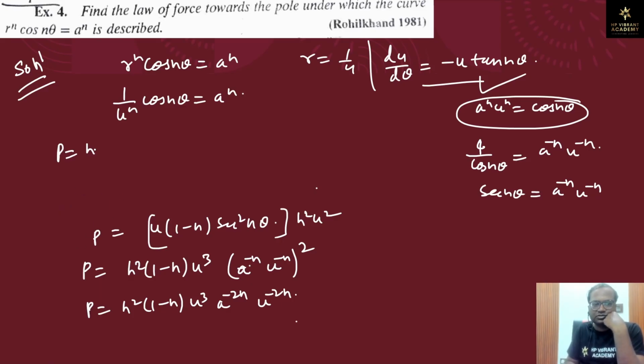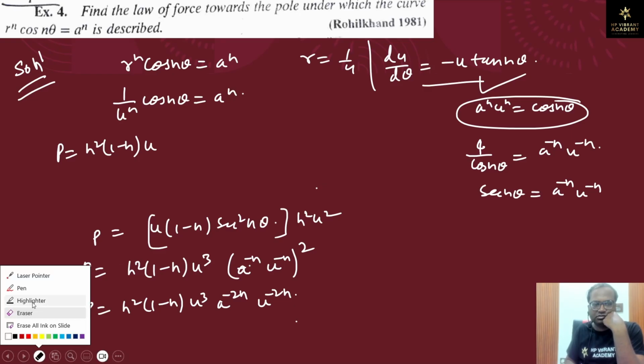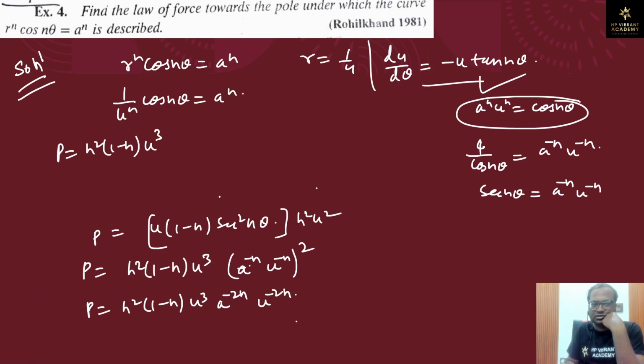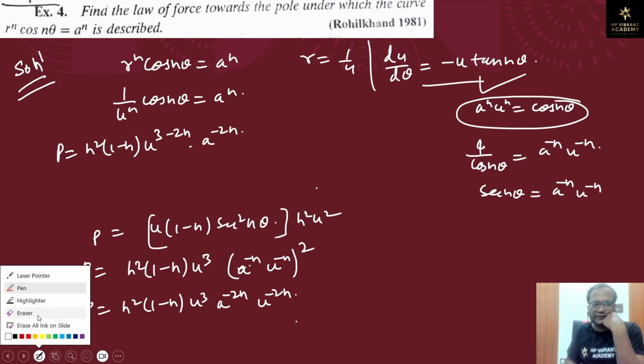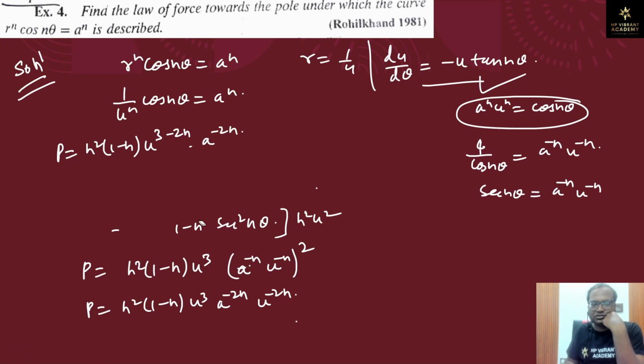Let us write it down: u to the power 3 and u to the power minus 2n into a to the power minus 2n. Let us further simplify this.